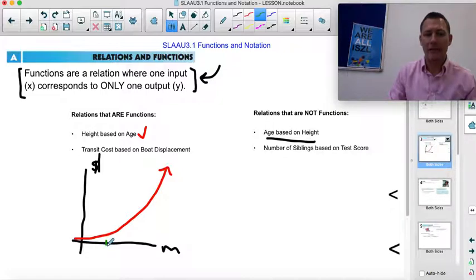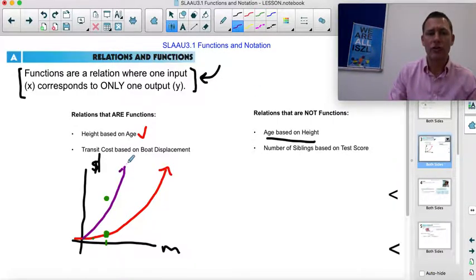If your mass is a certain amount, you should expect a certain cost. If they had two different relationships for the cost, I would want this one and not this one, right? I want one mass.